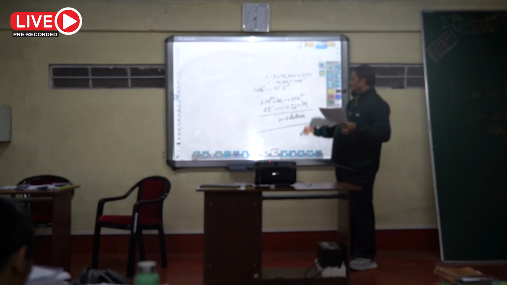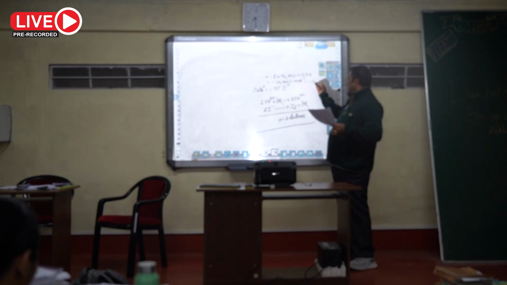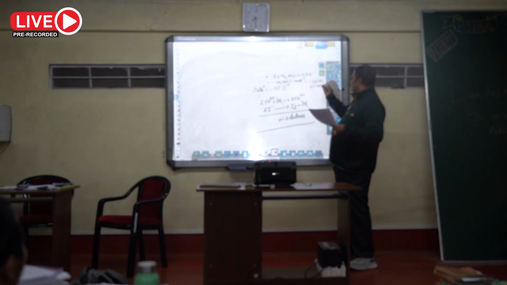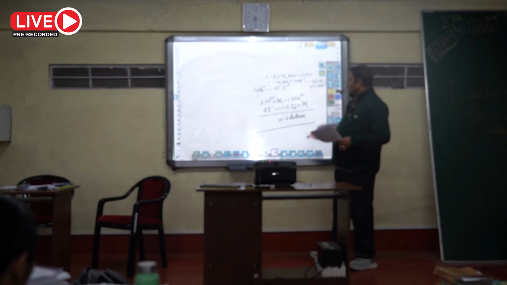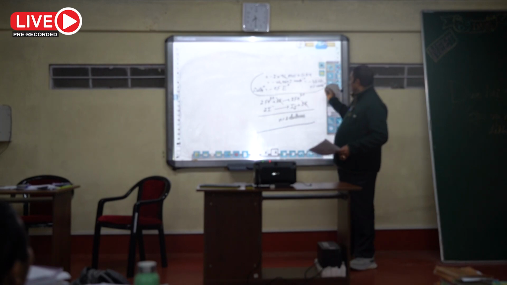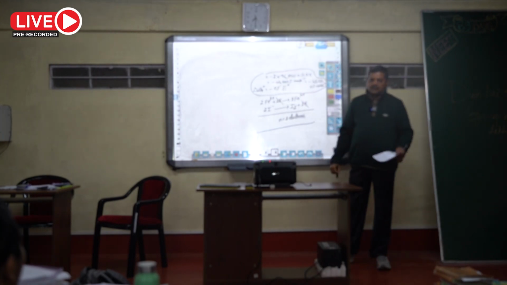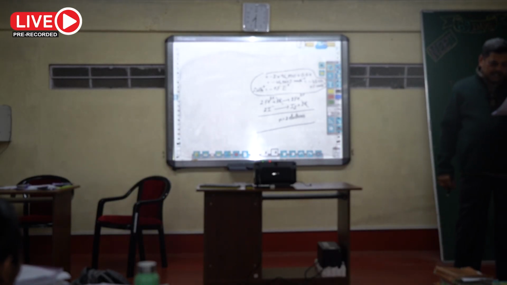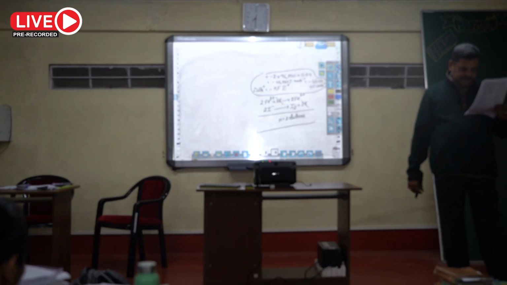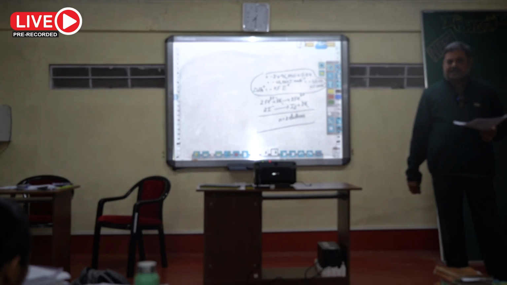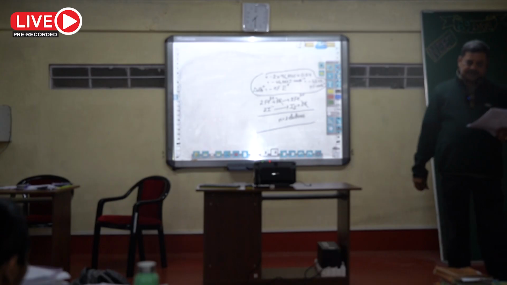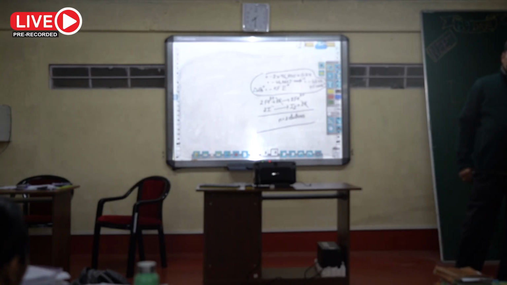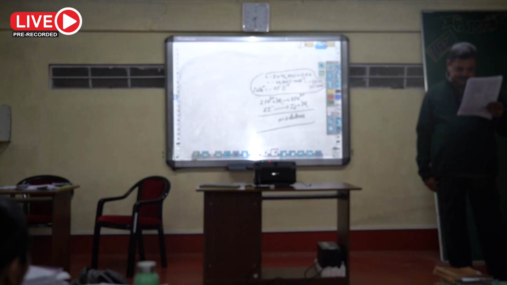Converting into kilojoules, minus 46.32 kilojoule mole inverse. Delta G naught, the standard free energy change, is equal to minus nFE naught. This is called electrical work. It is a measure of electrical work.